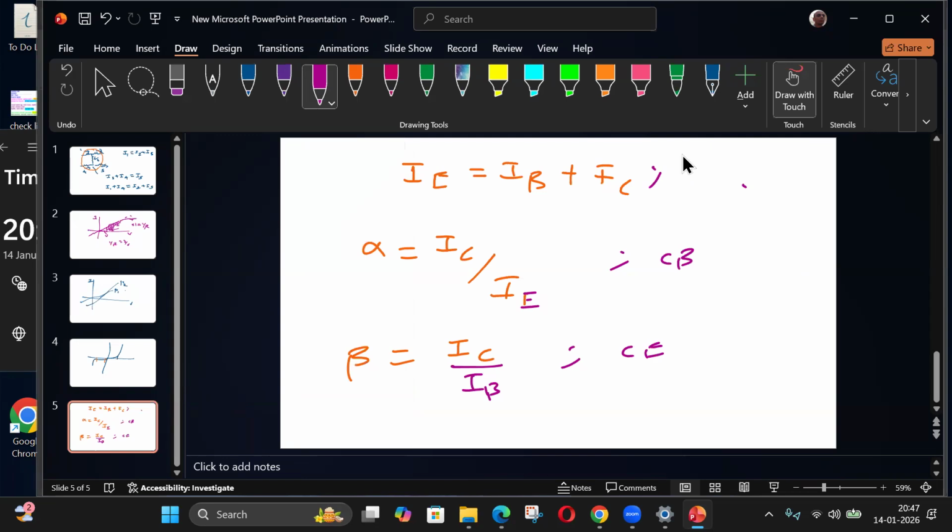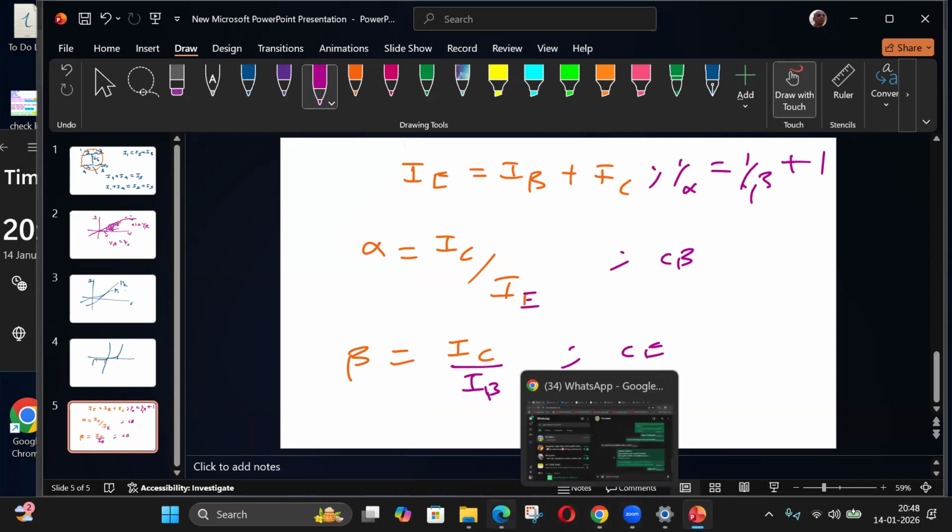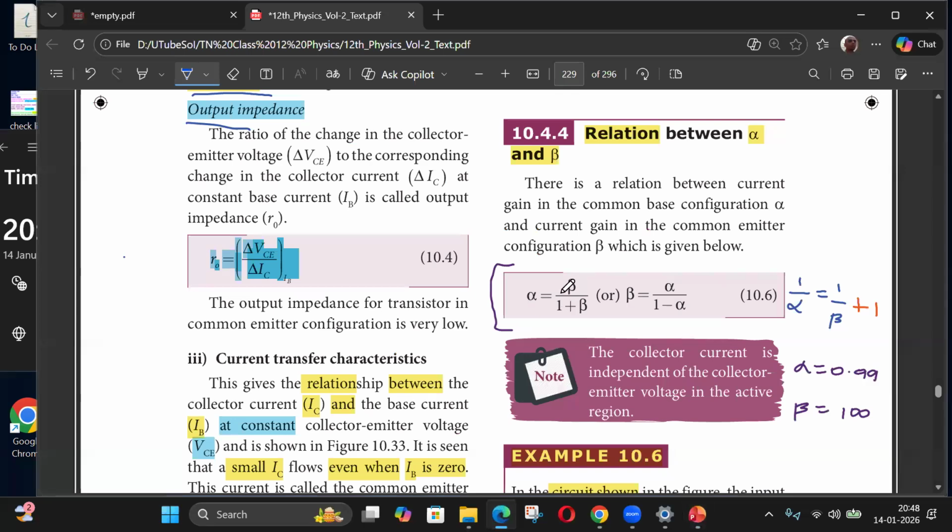IE by IC is 1 by alpha. IB by IC is 1 by beta, plus 1. So this is the relation between alpha and beta. 1 by alpha is 1 by beta plus 1. And remember, 1 by alpha is more compared to 1 by beta by a number 1. This relation, if you simplify, you'll get this one.